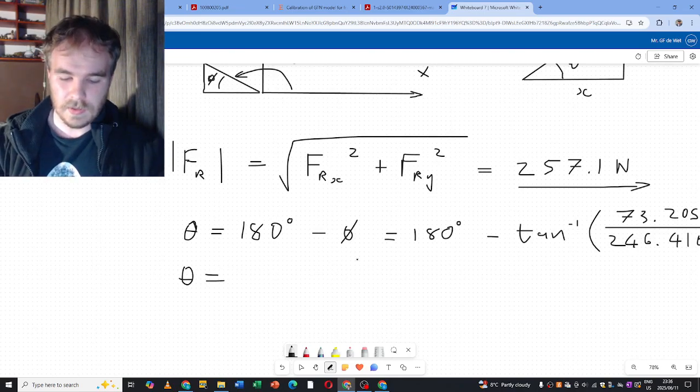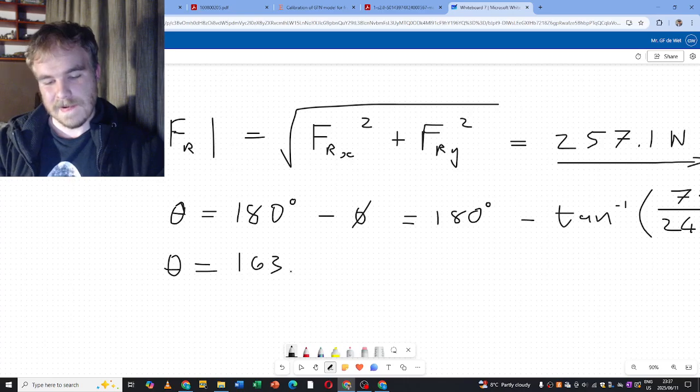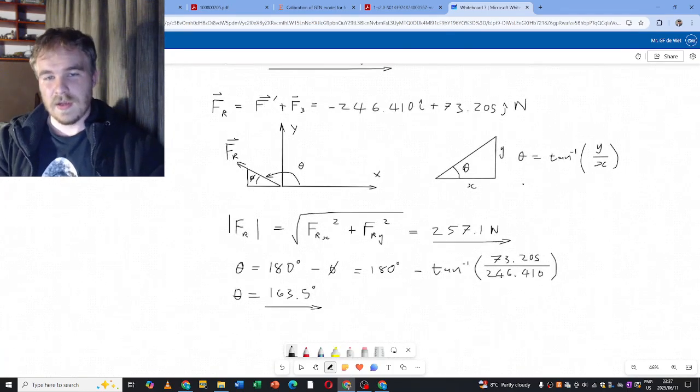That's 180 minus arctan 73.205 all over 246.41. And then we get 163, and yeah, I'll do this to 4 significant figures as well. So that's 163.5 degrees. Great, and there we have our answer.